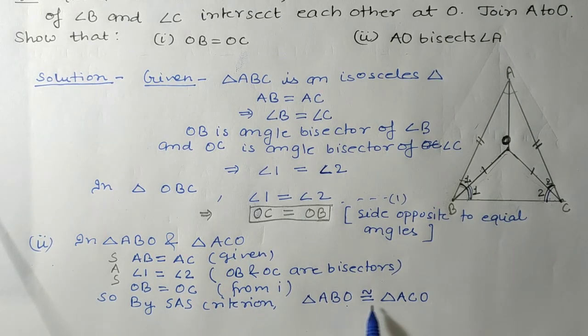So if these two triangles are congruent, then their corresponding parts should also be equal.